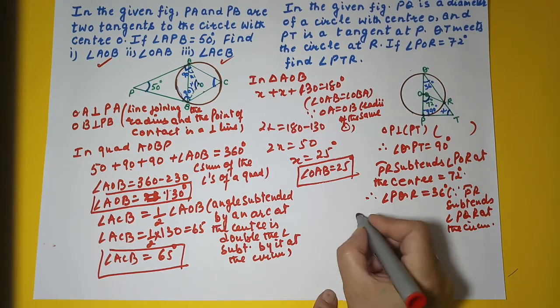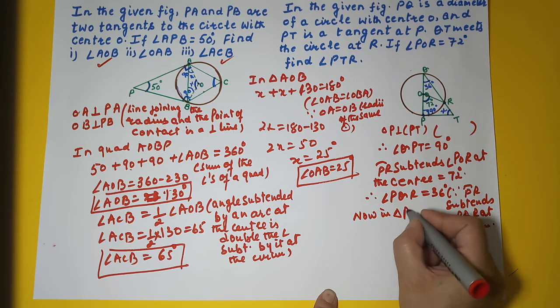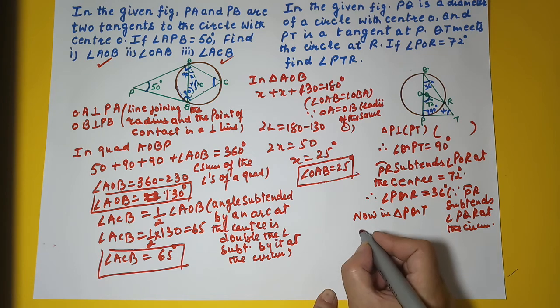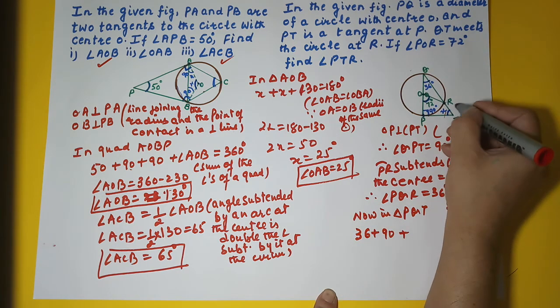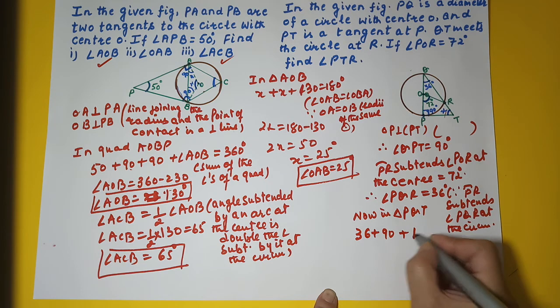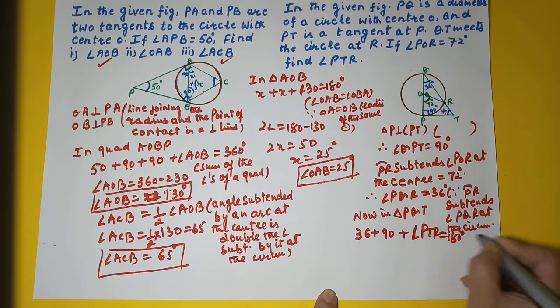Right? So now in triangle PQT, 36 plus 90 plus this angle, or directly you can write angle PTR, equal to 180, sum of the angles of a triangle.